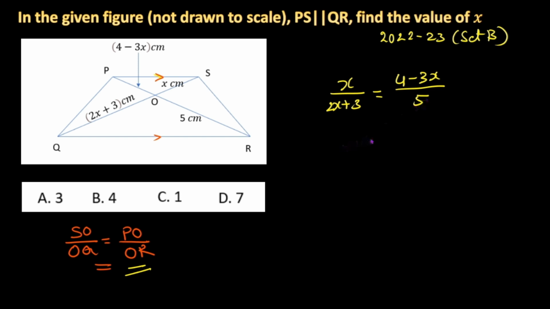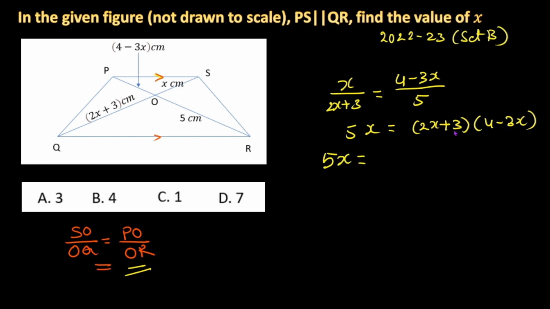We will just cross multiply: 5 will multiply here and this will multiply over here. So 5 into X equals 2X plus 3 into 4 minus 3X. Let's keep the 5X here.